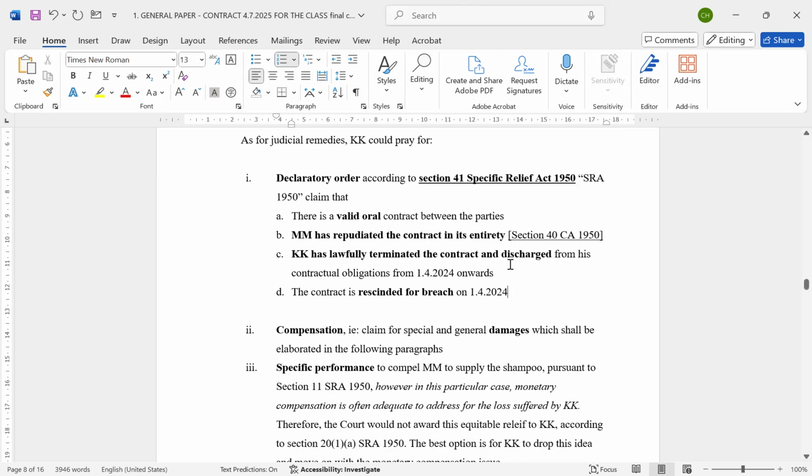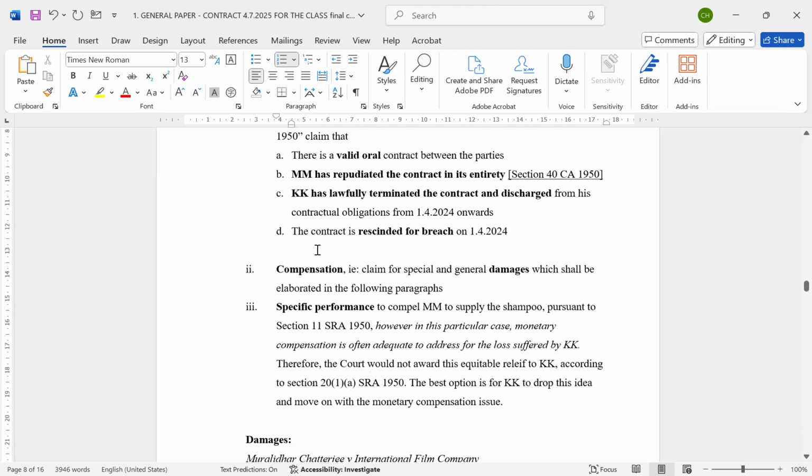Very important. Like I say, if you do not take the needful step, you will encounter legal repercussion. In layman's terms, we call it backfire, which is not good for your client. And the contract is rescinded for breach on 1st of April 2024.